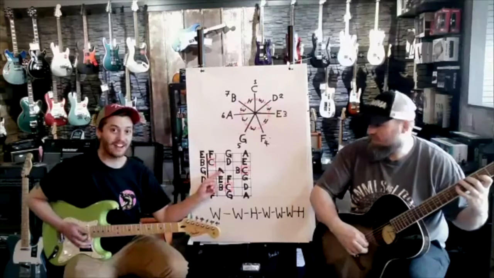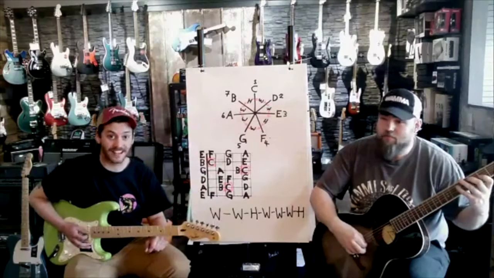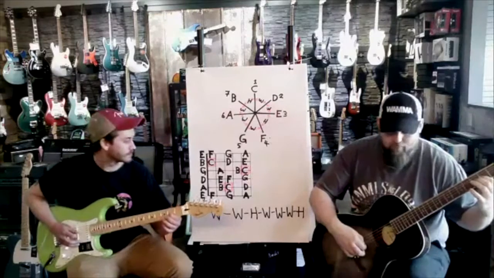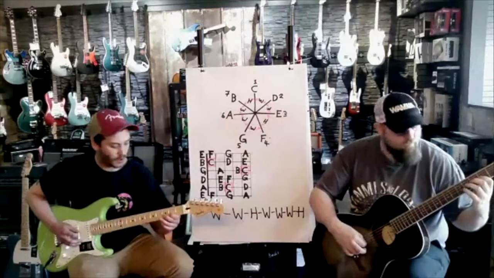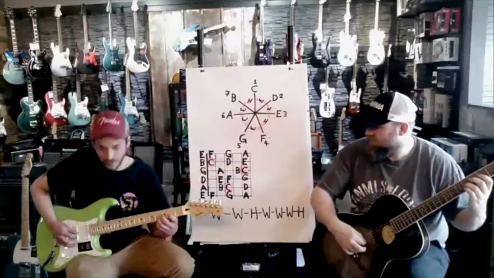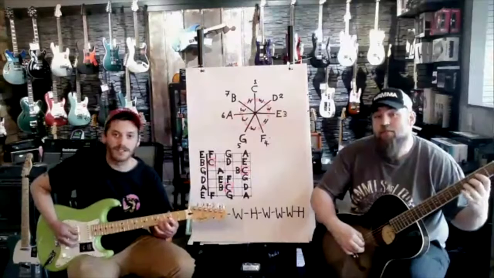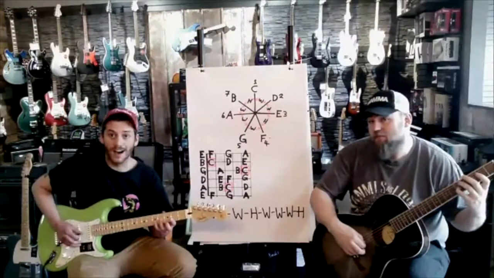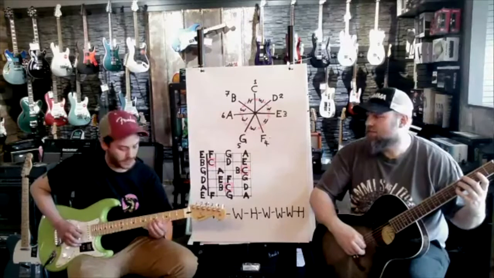Now we're going to move down to the G string. We have an A note, which is located on the 2nd fret. All right, we'll keep going. Now we're going to move over to the 4th fret for our B note. And then we're going to move over to the 5th fret of that G string for our high C, our root note, or our octave.